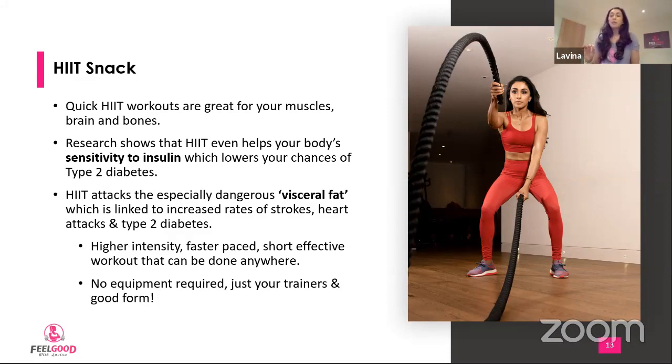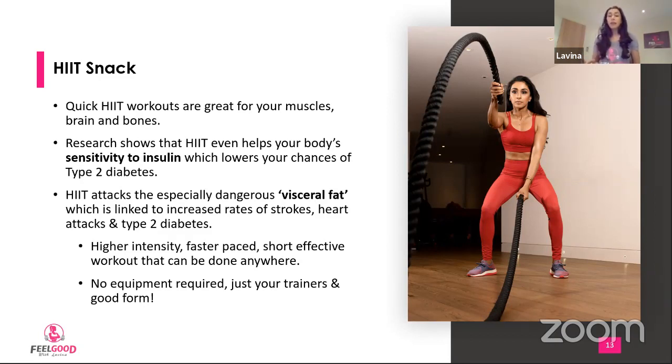So we all have that question, and I hear it all the time: Lavina, my stomach never goes. And this visceral fat, that's the scary fact that a lot of us Asians carry around. Now, I know after pregnancy for women, it's extremely difficult to lose that last bit.